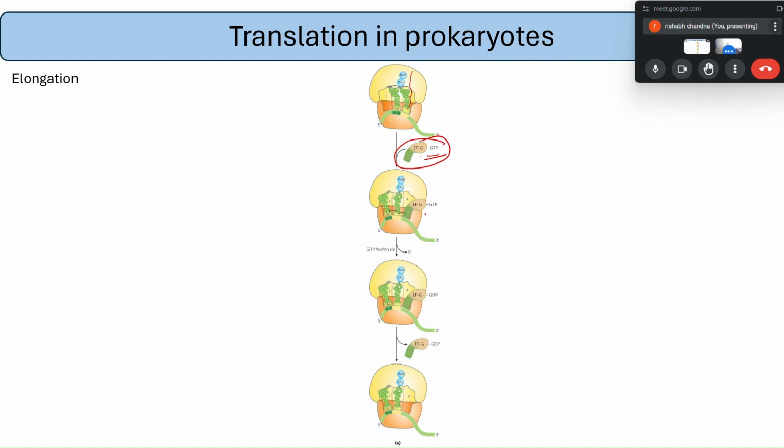So this EF-G binds to the ribosome with the hydrolysis of GTP and helps in the movement of the mRNA on the ribosome, such that the tRNA present on the A site moves to the P site, and the tRNA present on the P site moves to the E site, which leads to its exit. Okay, so this EF-G helps in the translocation of the mRNA chain on the ribosome. So this also requires GTP for its binding and the movement of the ribosome.